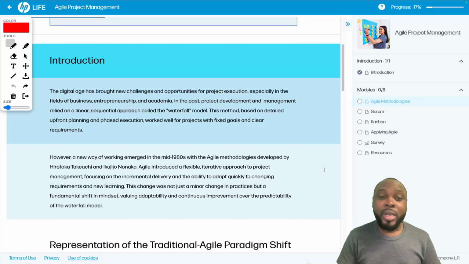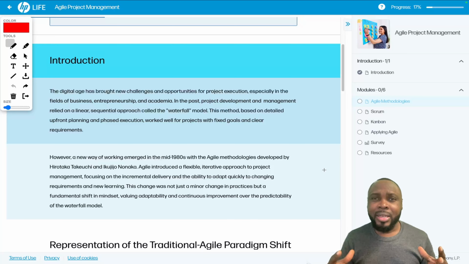A new way of working emerged in the mid-1980s when Agile was introduced by two friends, who wanted to develop something that could make the execution of projects, the running of projects, faster and easier.